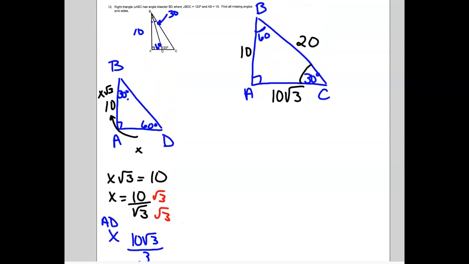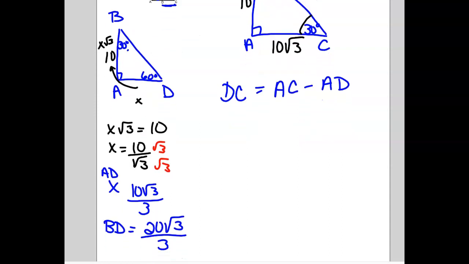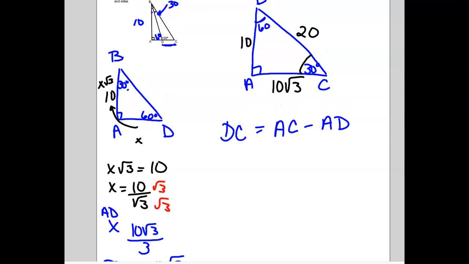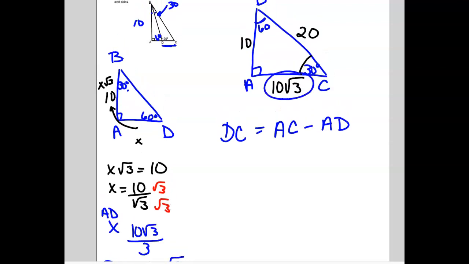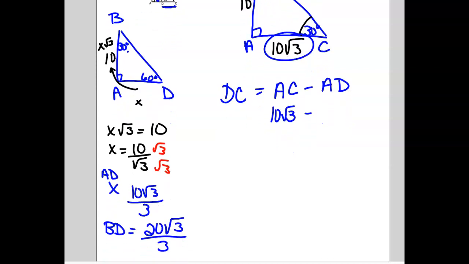I guess we did not find DC yet. All right, so let's work on finding DC. Side length DC, this portion, is the whole thing, AC, minus AD. So AC we just found to be 10 root 3, and we're subtracting AD, which we found to be 10 root 3 divided by 3.